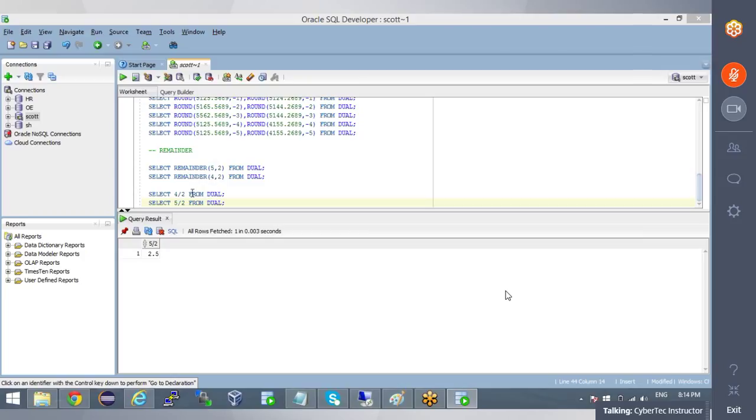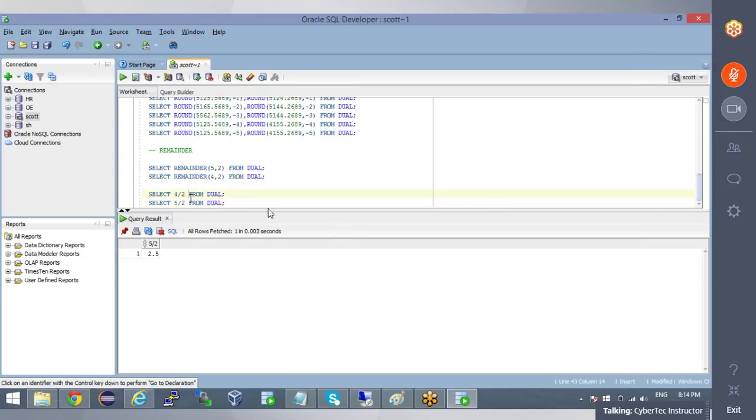Sorry, guys. So what is happening here? We are getting a value exactly divided, including the decimals. There can be situations where we need a remainder out of that calculation, and to get that remainder we will go with the remainder function.